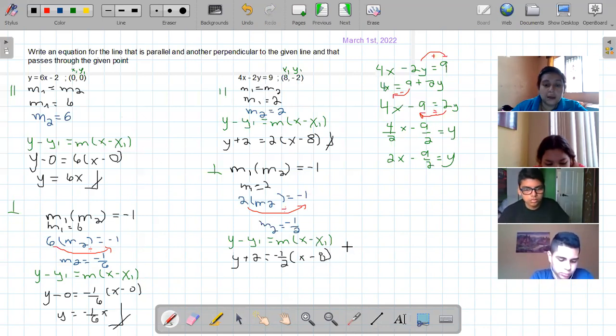And that is my equation that is perpendicular to this line. Do you guys have any question about this? No questions? We good? Are you sure?